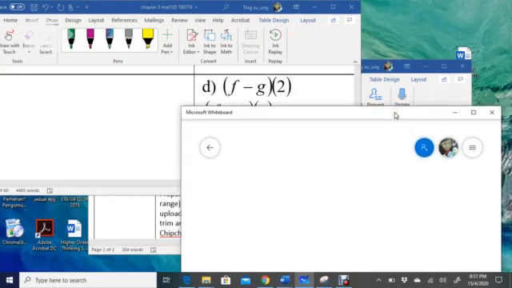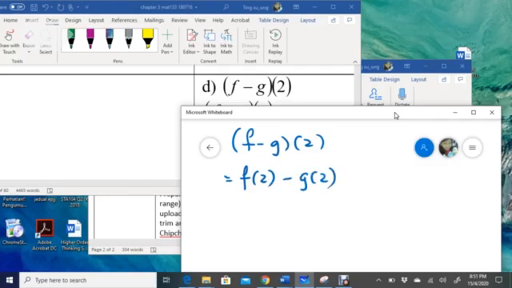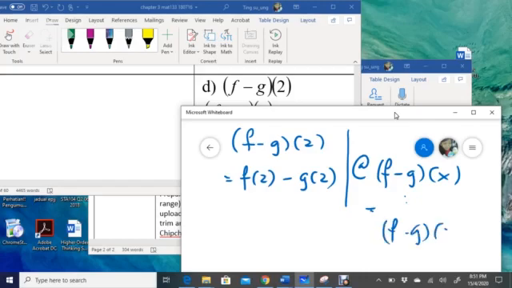So f minus g, that means that the x will be 2. You have two ways of doing it. Either you have f(2) minus g(2) directly, or you can have f(x) minus g(x), the whole thing in terms of x first, then substitute everything, then you have the other part, and then you substitute the 2 in.